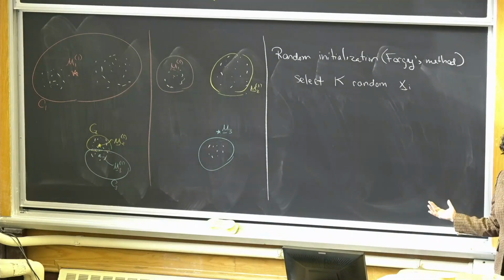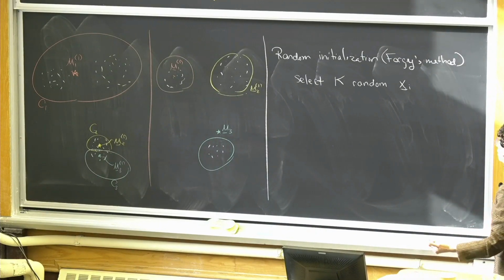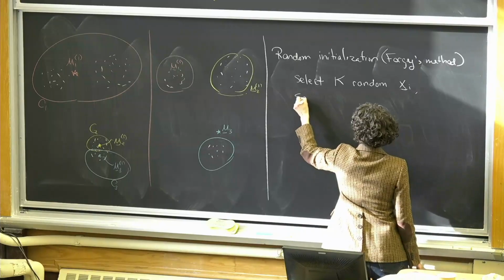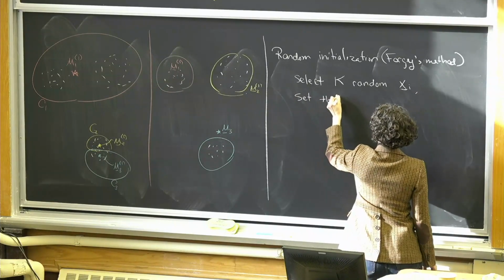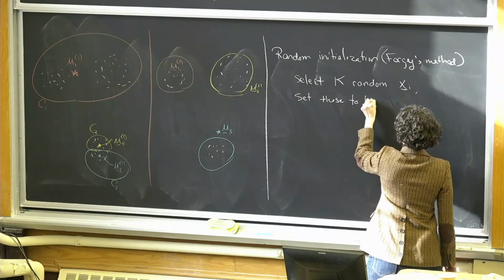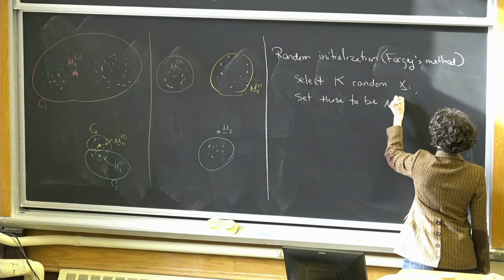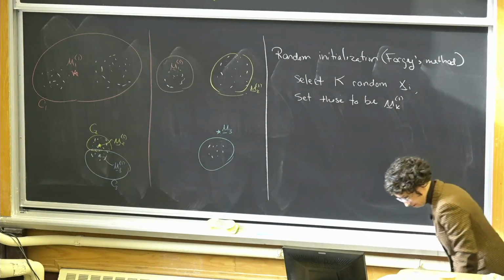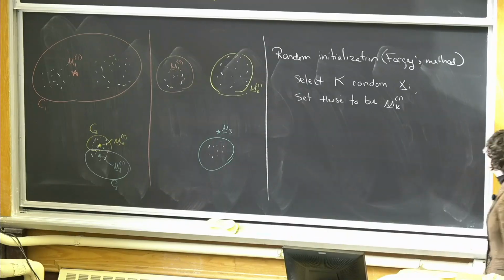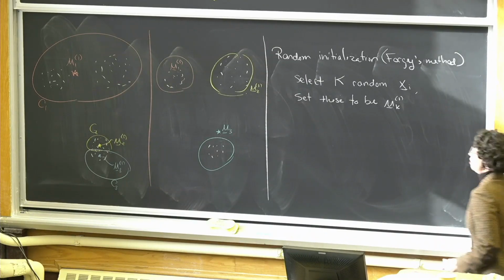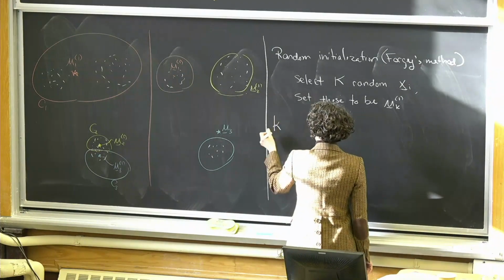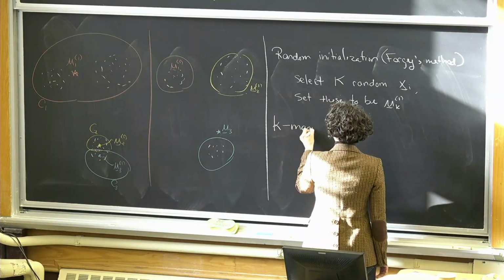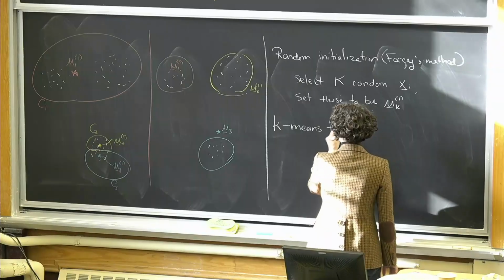So of my n different samples, I'm just going to choose capital K of them at random, and we are going to set these to be the mu k ones for my first iteration. Okay, so people very commonly use this. The alternative that I want to put forward is called k-means plus plus.